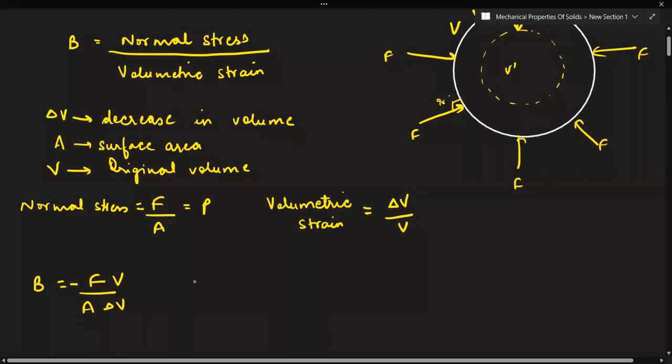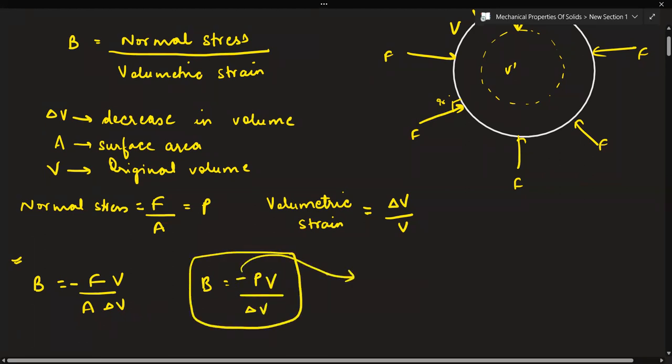We can also substitute force by area as pressure. That would be minus PV divided by delta V. And this negative sign simply indicates that there is a decrease in volume.